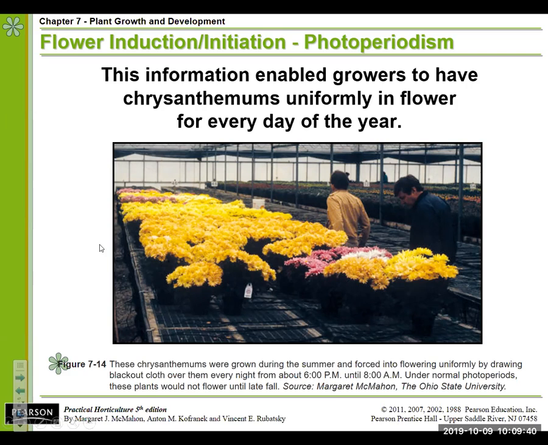You can kind of see in this picture, they've got this blackout cloth up overhead that they will close at certain times of the day to make sure that they have the proper photoperiod in order to get them to delay or promote flowers.